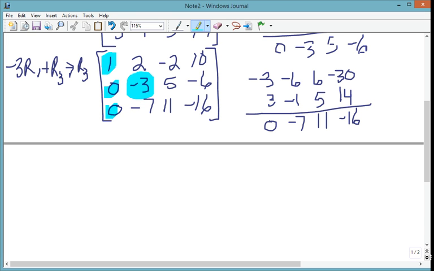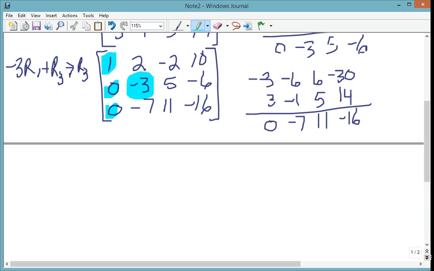Well, yeah, so let's see. If I multiplied the second row by 2 and the bottom row by -1 and added them together, that would give me a 1, right? Because I'd have a 6 and a 7.